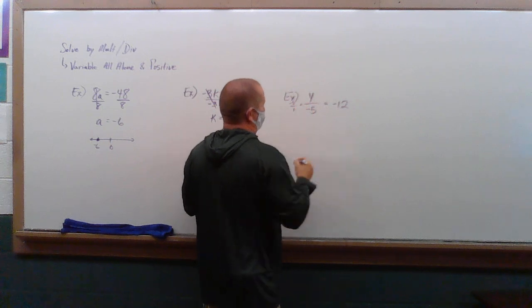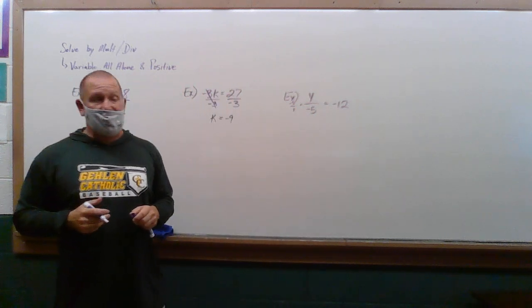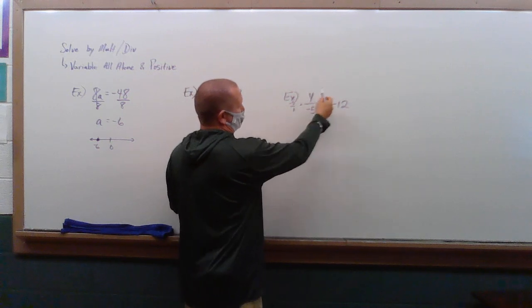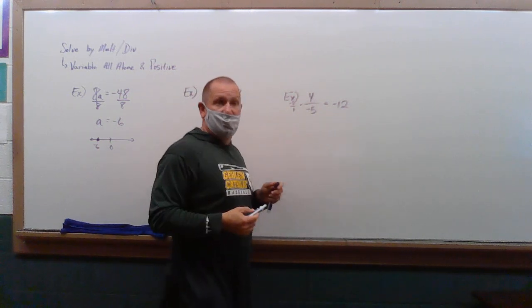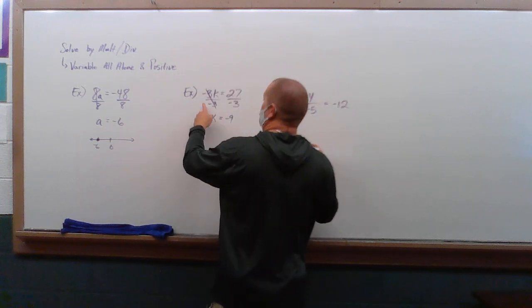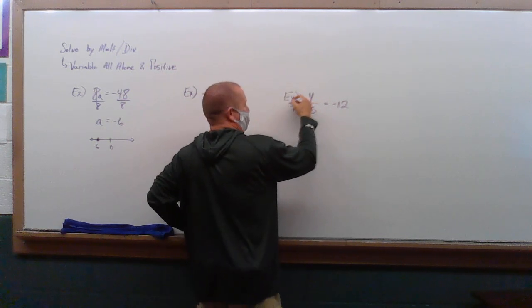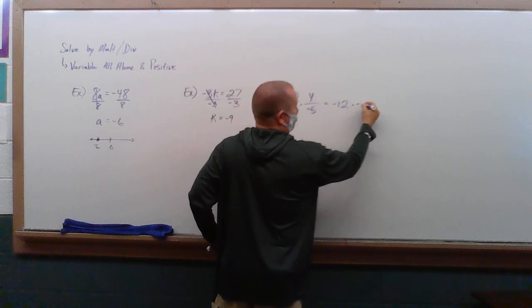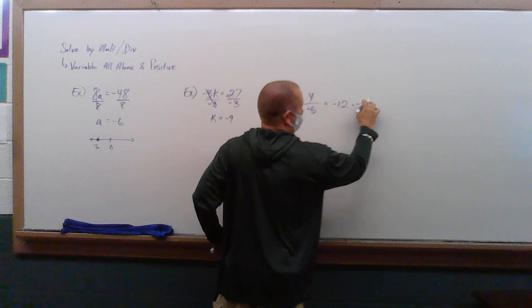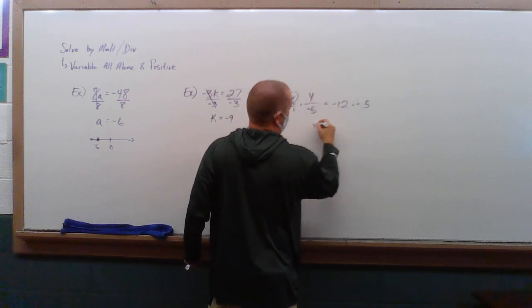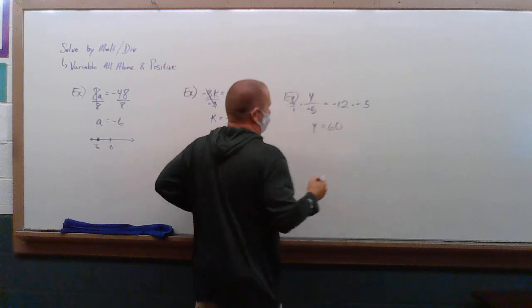When I do this, I can put -5 over 1. One of the rules in multiplication is that if I can look diagonally, I can cancel diagonally. Like we did over here, up and down, now we're doing it diagonally. But I multiplied by -5 on one side, so I have to multiply by -5 on the other side. And so two negatives make a positive 60, like Mac was saying.